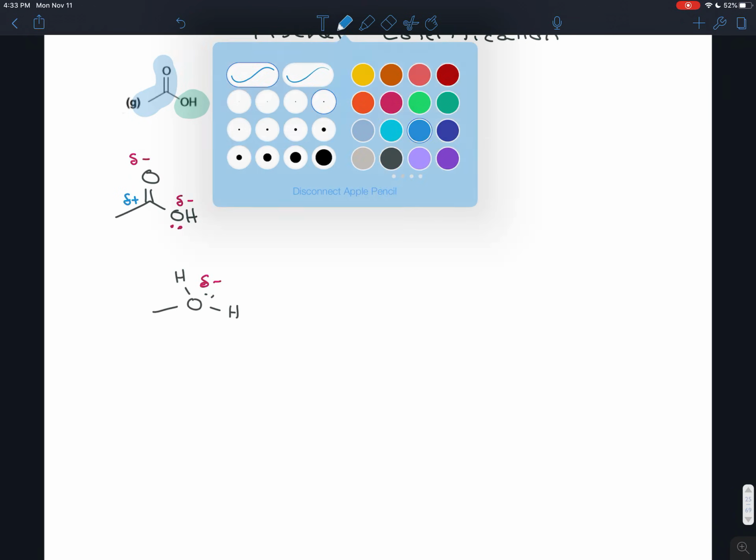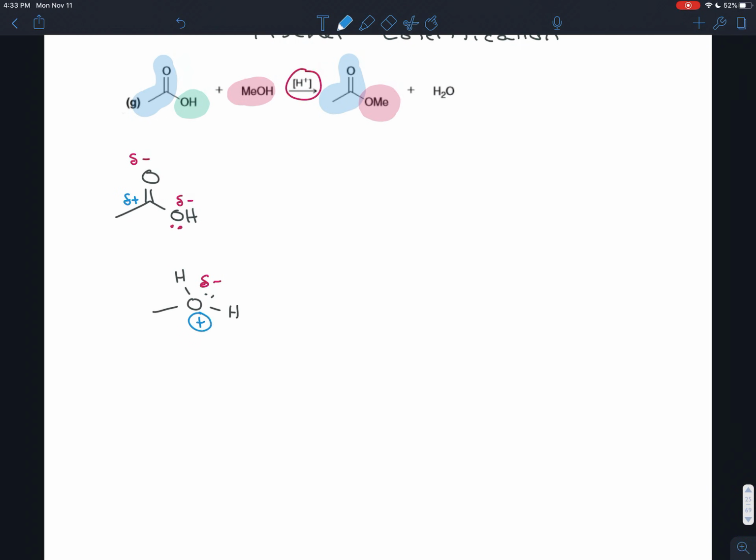And that oxygen is bonded to 3 things, so it has a full positive charge. So that's what the methanol really looks like in this acid-catalyzed solution. And those brackets with the H+ inside of them mean acid-catalyzed reaction. We've added a strong acid to this cauldron.